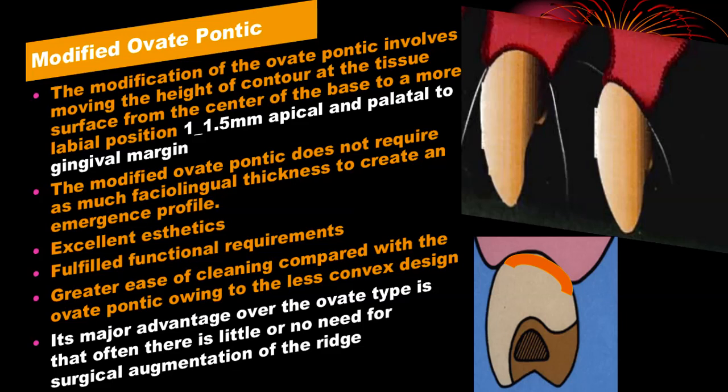So it is more labially, about 1 to 1.5 apical to the gingival margin. Okay, 1 to 1.5 apical to the facial margin or gingival margin, ال height of contour of pontic نخليه.